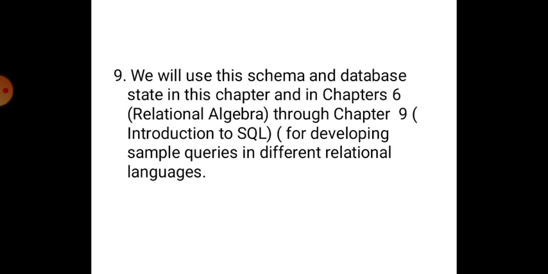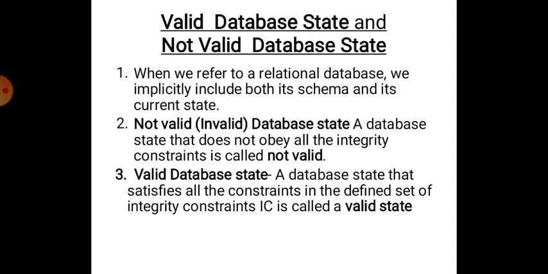We will use this schema and database state in this chapter and in chapter 6, that is the next chapter, which is titled Relational Algebra, and also through chapters such as Introduction to SQL. Now let us know what is a valid database state and not valid database state. When we refer to a relational database, we implicitly include both its schema and its current state.